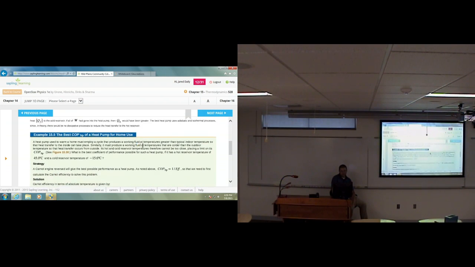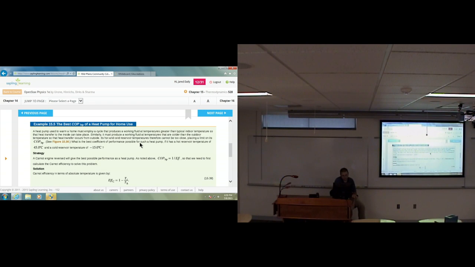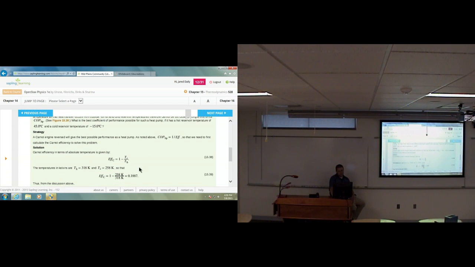So of course here we're going to calculate the coefficient of performance for a heat pump. What is the best one going to be? Well, of course, if a Carnot engine is the most efficient heat engine, then a Carnot heat pump would be the most efficient heat pump, because it's the same thing, it's just backwards. It's going to be the same kind of deal. So the efficiency of a Carnot engine, we can actually calculate between normal temperatures and hot temperatures, right?